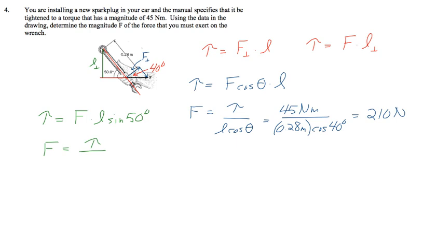So it's going to be torque over L sine of 50 degrees. And you can see you'll get the same answer here as you got over here, because the only difference between the two is one is the cosine of 40 and the other is the sine of 50, and those are the same numbers. Right? Any questions?